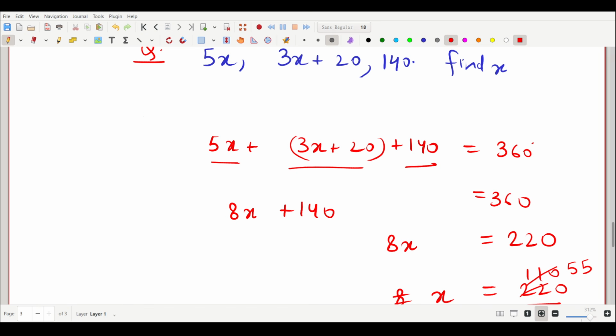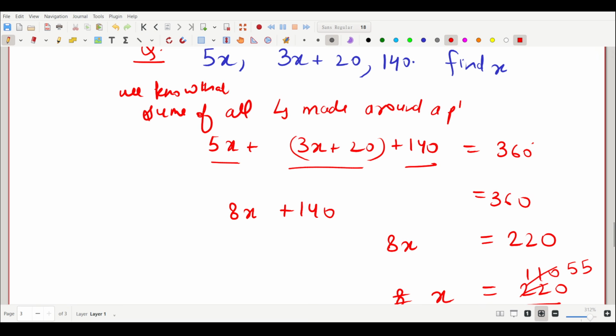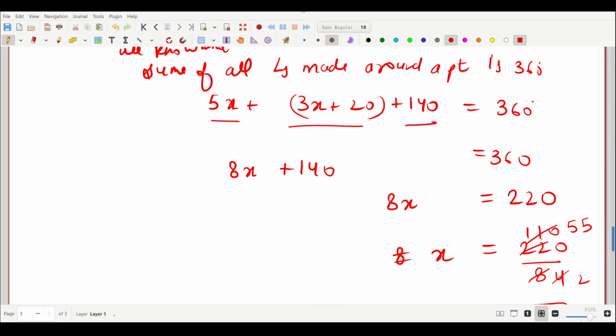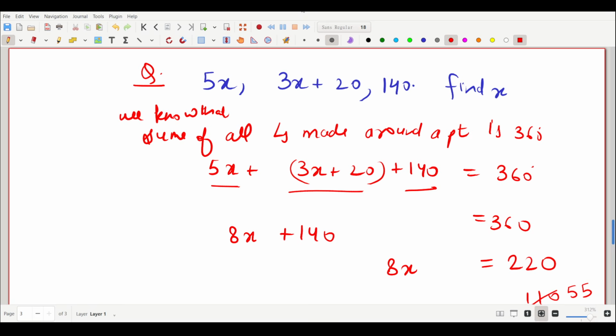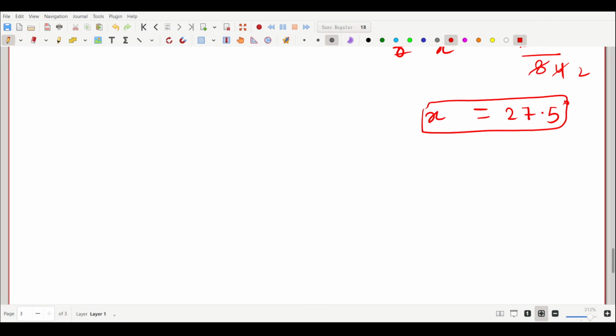You will write, we know that the sum of all angles made around a point is 360. If you write this and then start doing the question, then you will be awarded full marks. If you're only writing the value, then it earns you no mark. Okay? You have to give the reasoning also.